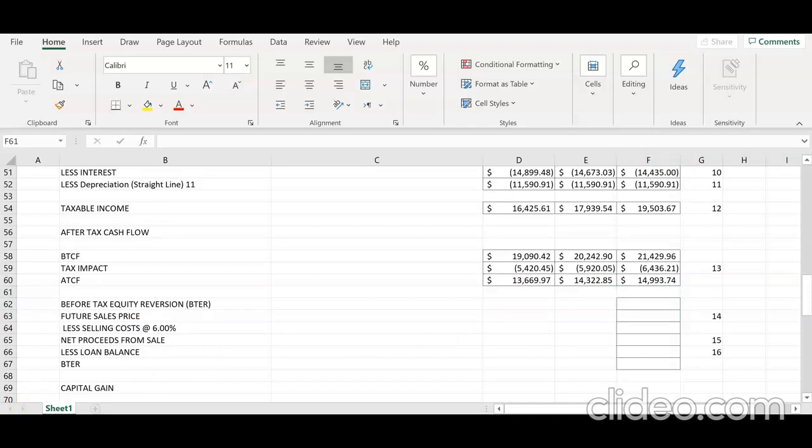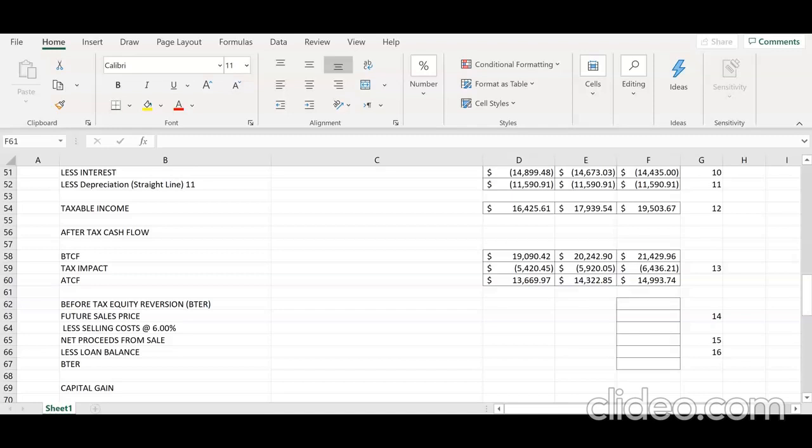The next part is going to be calculating the tax equity reversion. I started by calculating the future selling price by multiplying the equity price by 1 plus the appreciation rate given, which is 10%. And then I calculated the selling costs by multiplying the future sales price by the selling costs rate of 6%. And then I subtracted that from the future sales price to get the net proceeds from the sale.